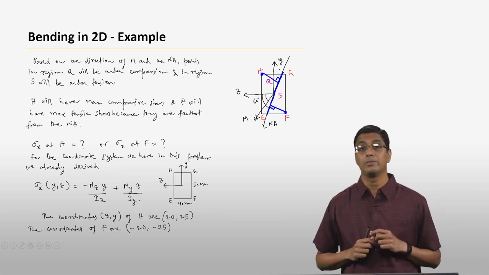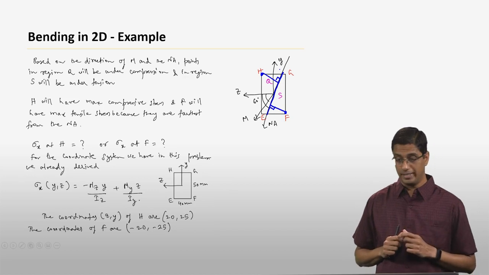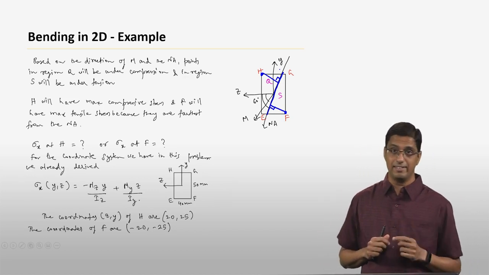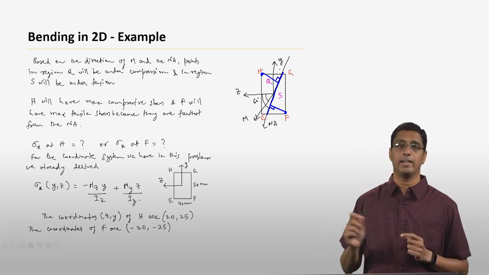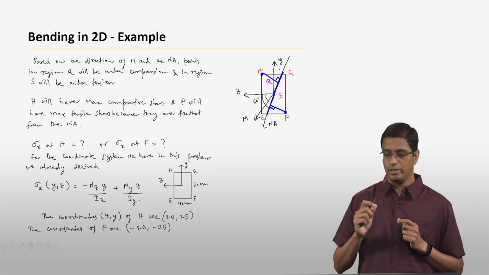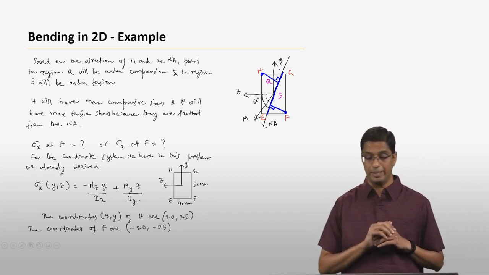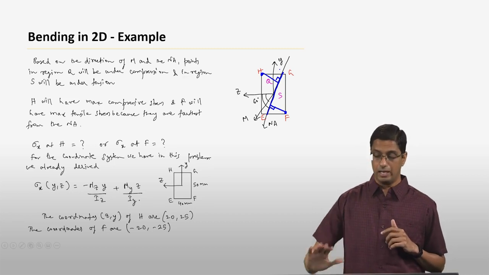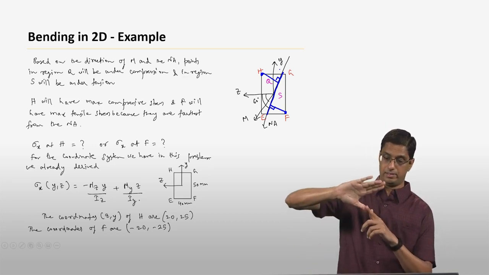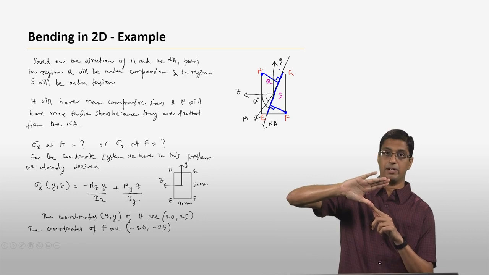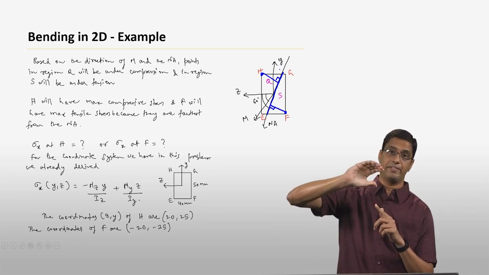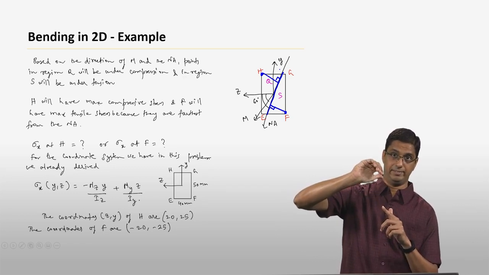Now the question is, which point is going to have a tensile stress and which point is going to have a compressive stress? For that, you need to think about how this entire thing is going to bend. When you apply a bending moment like this, my right thumb is along the direction of the moment, my fingers are curling in.